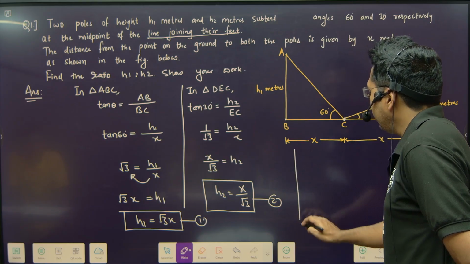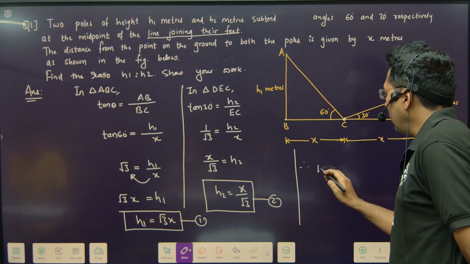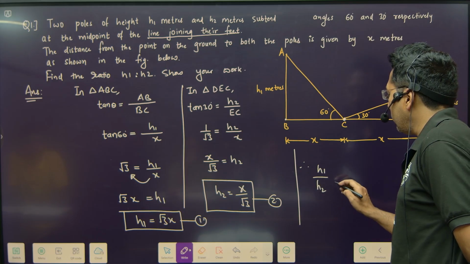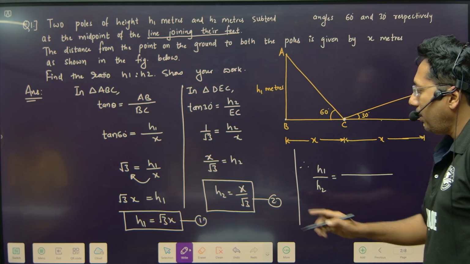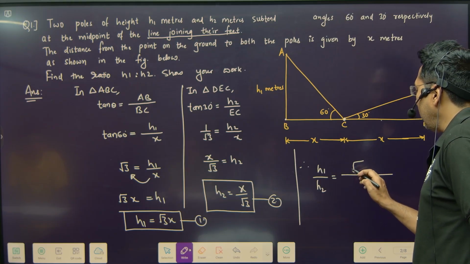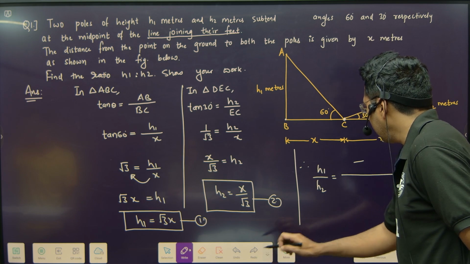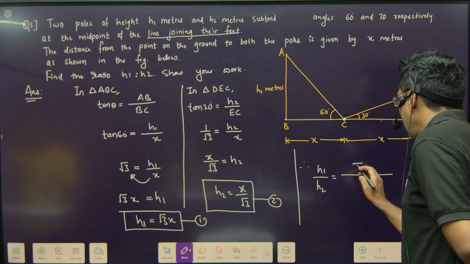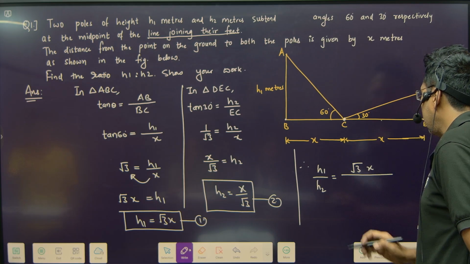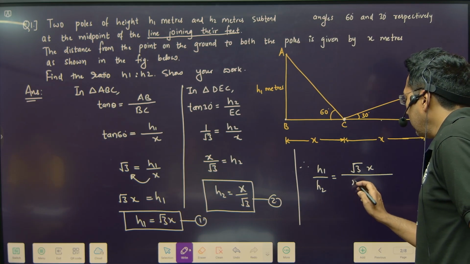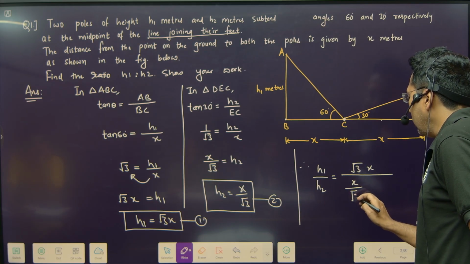So you need to divide equation 1 and equation 2, taking ratios. Therefore, H1 upon H2 is equal to, write the value of H1, it is root 3x, upon H2, which is x upon root 3.